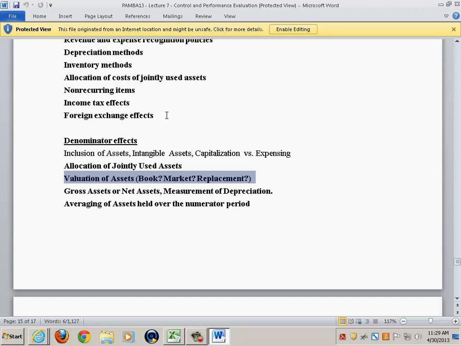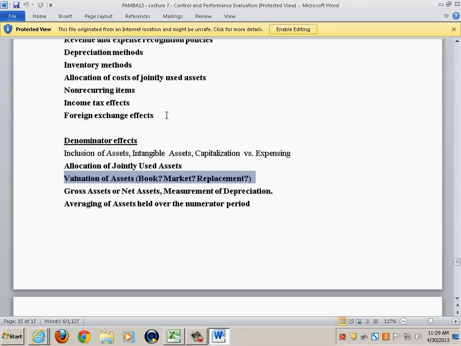You can assign to them book value, and it can be gross book value, gross of depreciation, or net book value, which is the acquisition cost of the assets minus the accumulated accounting depreciation.